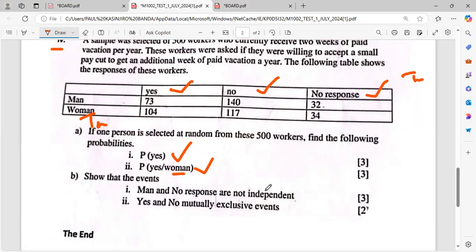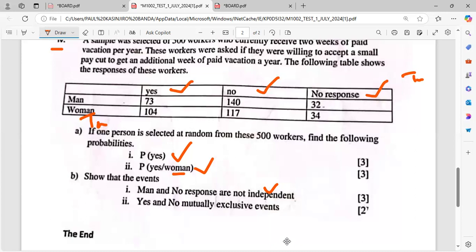So we have to know the definition of dependency. If man and no response are independent, then it means that in the intersection of this man and no response, we are just going to find what?